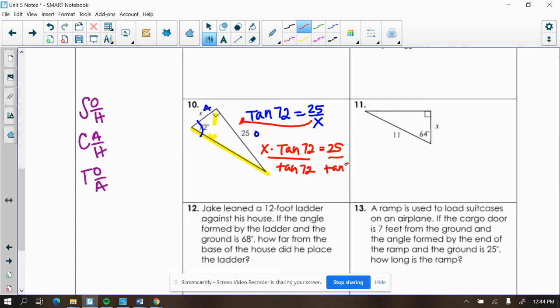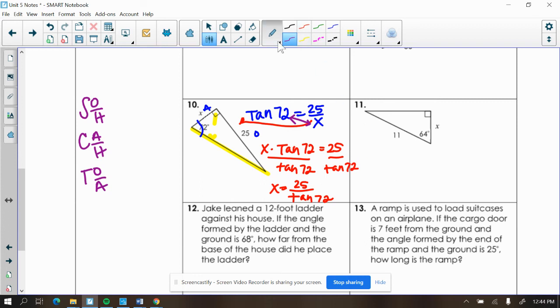So that gets kind of tricky sometimes. So then x equals 25 divided by tangent 72. Sometimes I've used the fact that we just switch the x and the tangent. That's what we did, right? We just switched them. So sometimes you can remember them like that. And then you would plug that into your calculator.